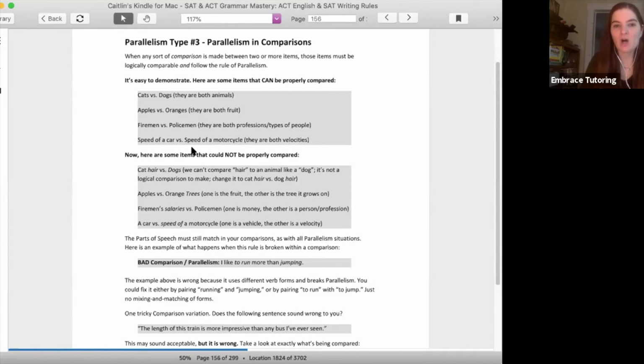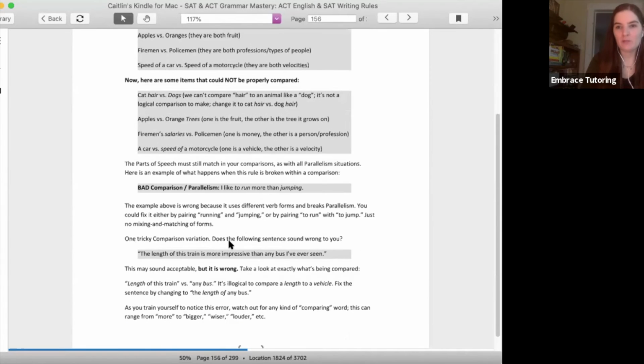Okay, so the car and the motorcycle are the more important part of this comparison. Okay, because what you're actually comparing is the speed of each of these, but each of them are automobiles of some sort, so they fall into the same general category. Okay, and therefore can be compared.